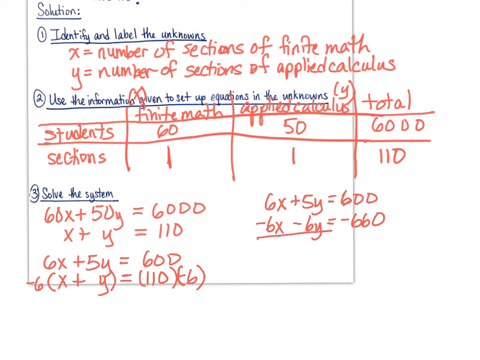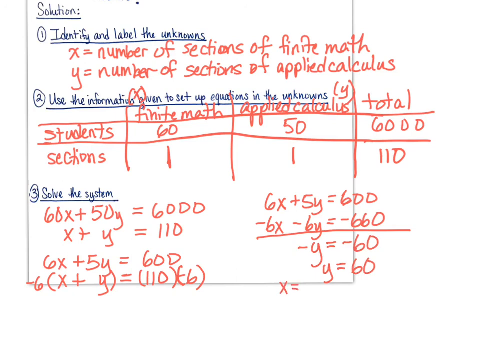Okay? Now you simplify, what do you get? 6x minus 6x is 0. 5y minus 6y is negative y. 600 minus 660 is negative 60, which means y is 60. Now, if y is equal to 60, what's x?